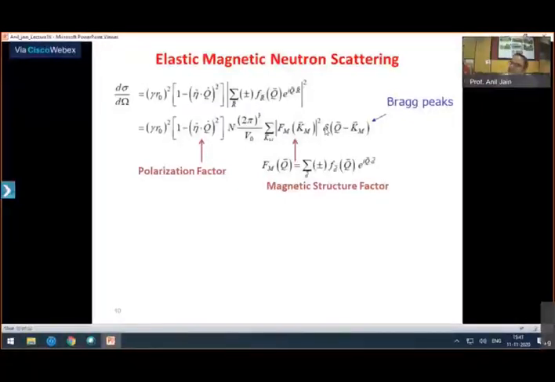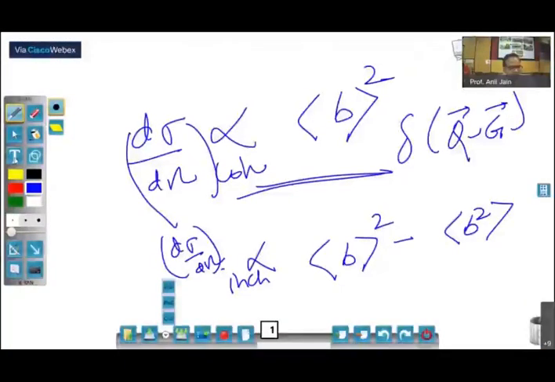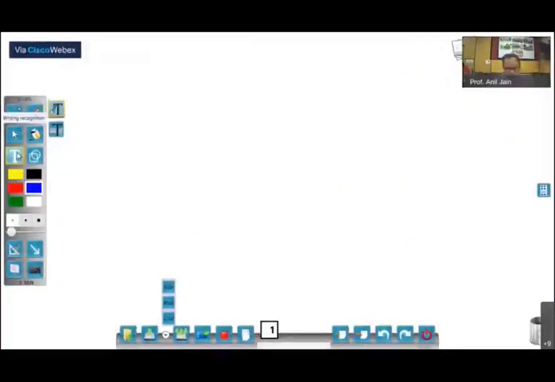But if you have an antiferromagnetic ordering, let's put it so. Let's say you have a one dimension system.